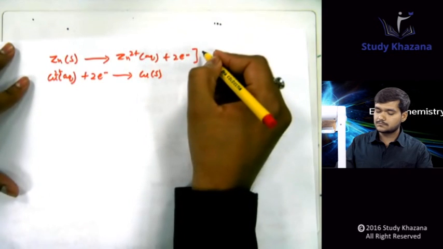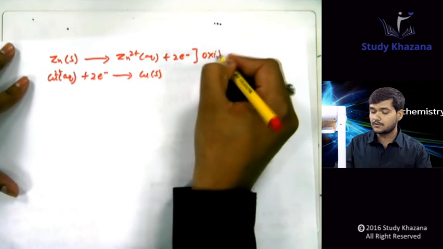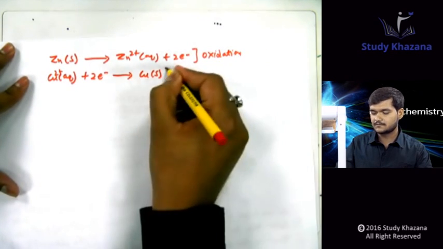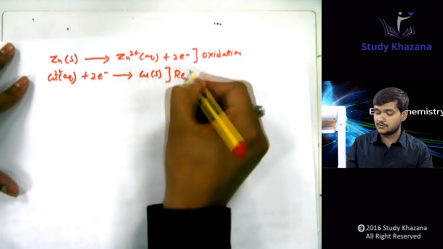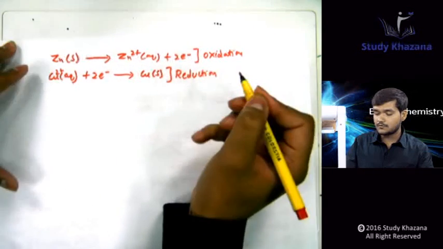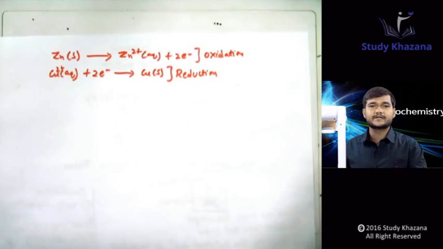You all must know the loss of electrons is called oxidation and the gain of electrons is called reduction. So oxidation and reduction are occurring in the same container.